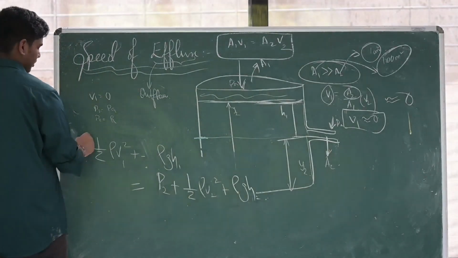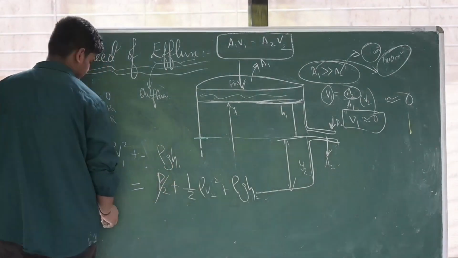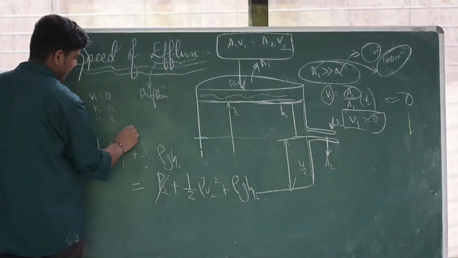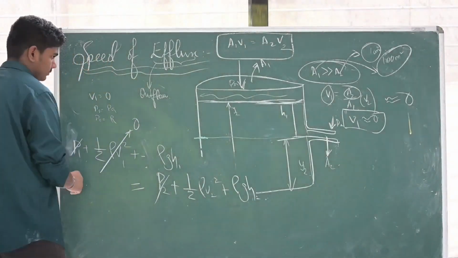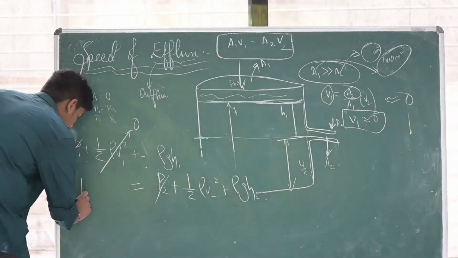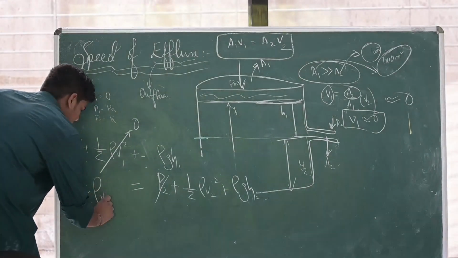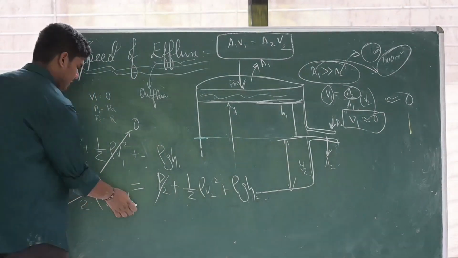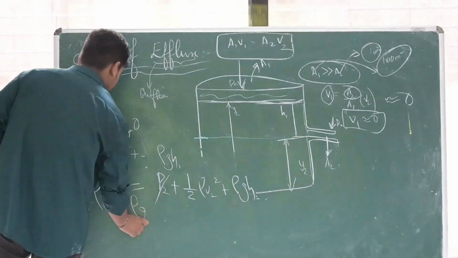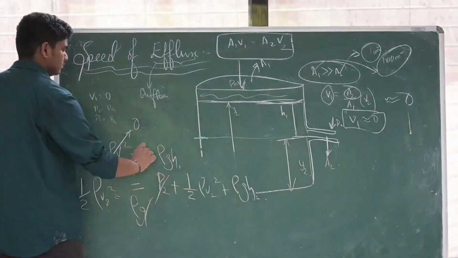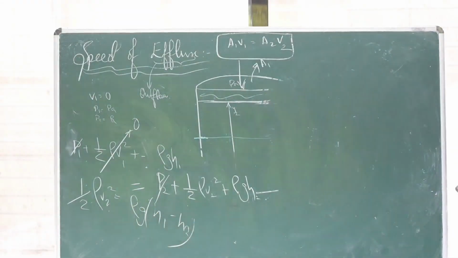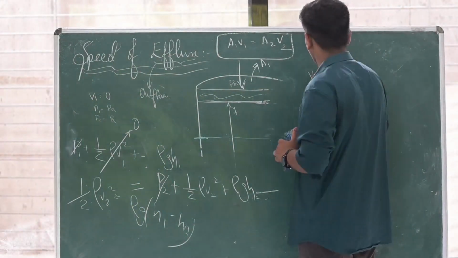Now, we know that P1 and P2 are same. Now, half rho V1 square will be 0. Now, half rho V2 square is equal to rho G into H1 minus H2.